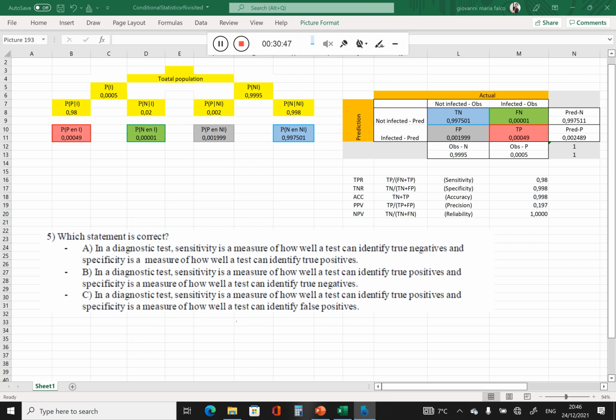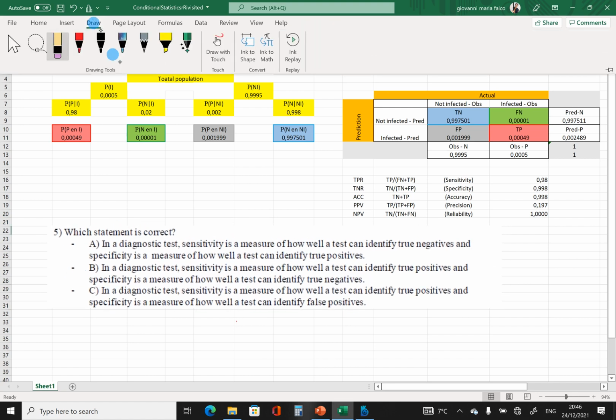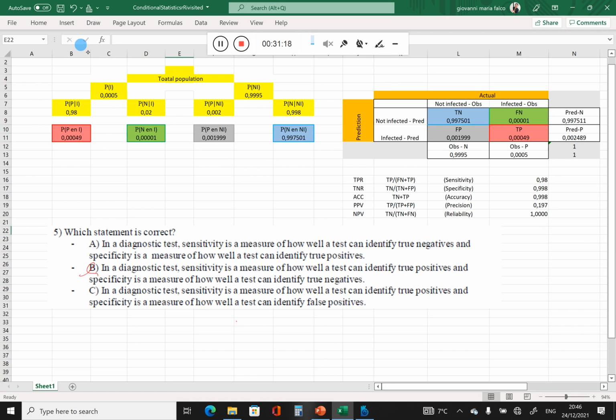In this question 5, where you have to tell which of the following statements is correct, I always advise you to stop the video, try first to answer this question by yourself, and then look at what the solution is. Given what we have said about sensitivity and specificity, it is obvious that the correct statement is statement B, because sensitivity is a measure of how well a test can identify true positives, and specificity is a measure of how well a test can identify true negatives.